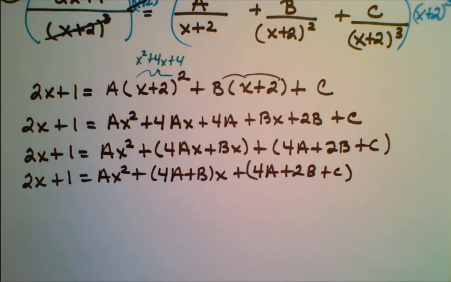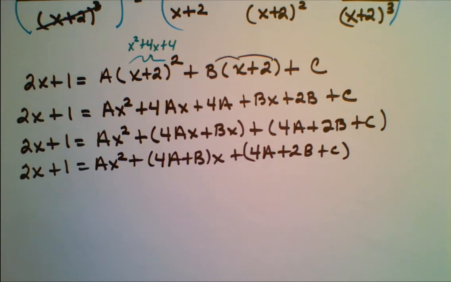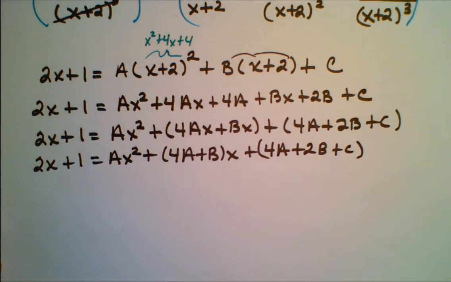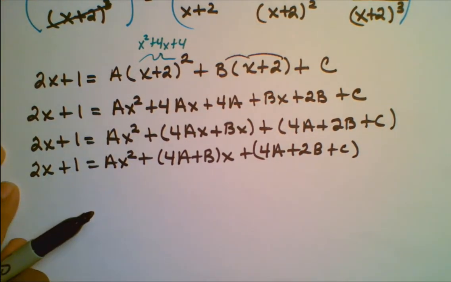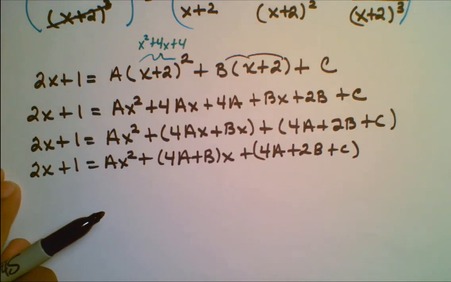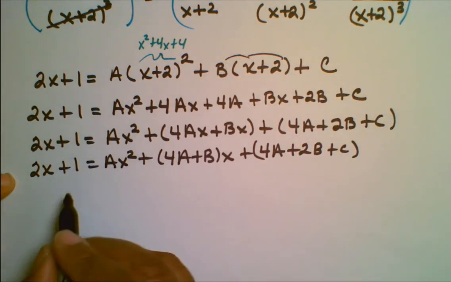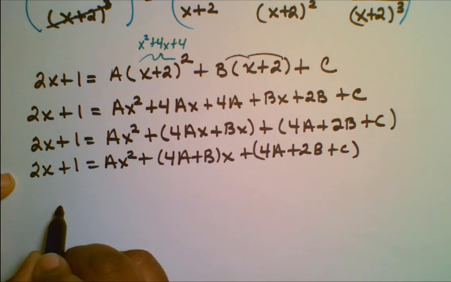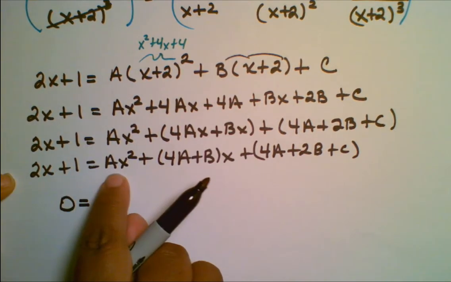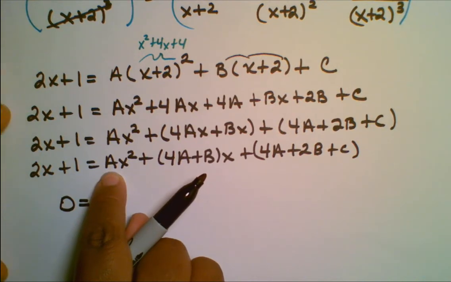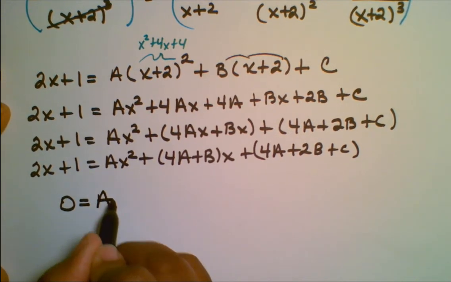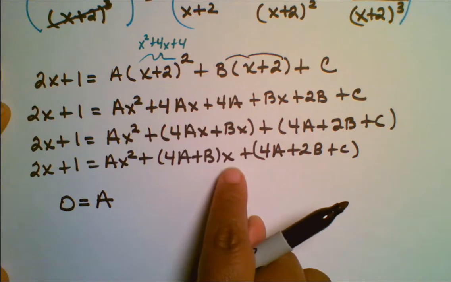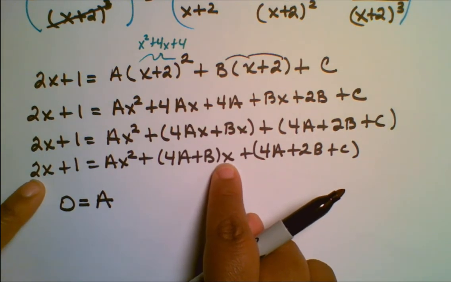Now let's set up our linear system. On the left-hand side, do you have an x squared term? Yes or no? We don't have an x squared term, so we would say 0 is equal to A. Look at your x terms. You have an x on the left side and an x term on the right side.